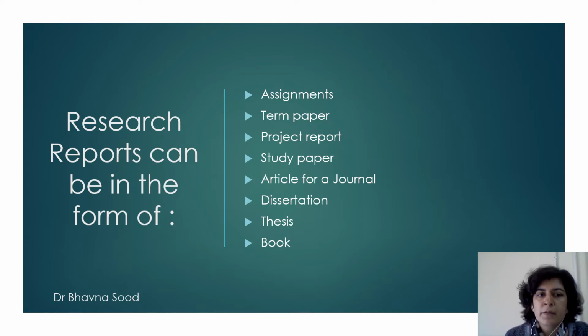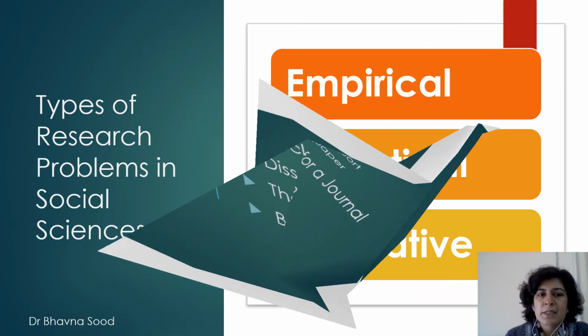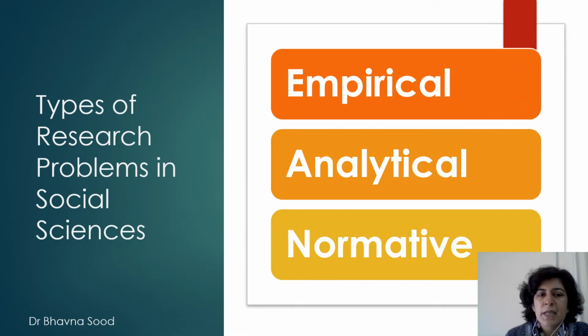Now there are types of research problems in social sciences. Basically, we'll look into these three types: empirical, analytical, and normative. Empirical requires field work where you have to go and collect data on the problem that you have identified.